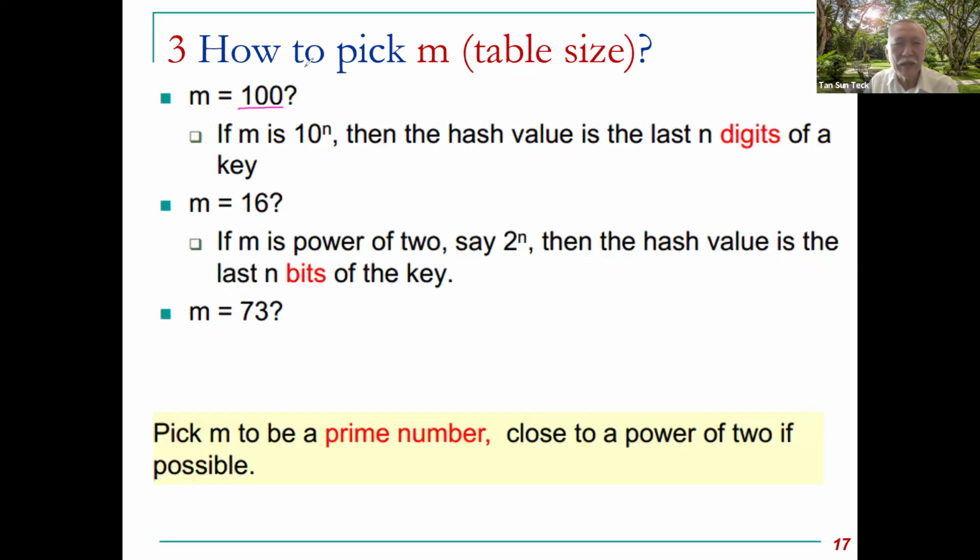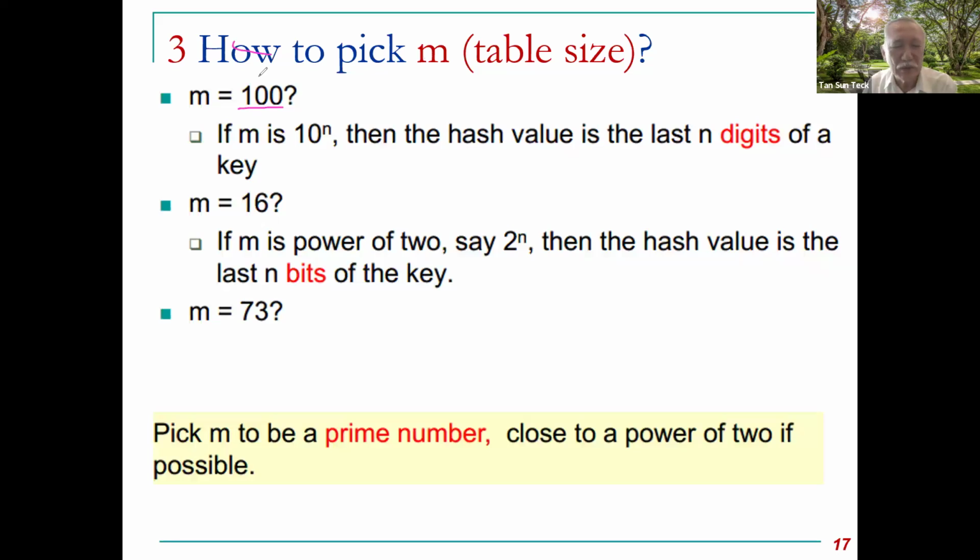So if m is 10 to the power of something, then when you use the popular division method, the hash value is the last n digits of the key. So this is no good. It's quite similar to what we said earlier about taking the first three digits of the phone number. It's going to create a lot of collisions.